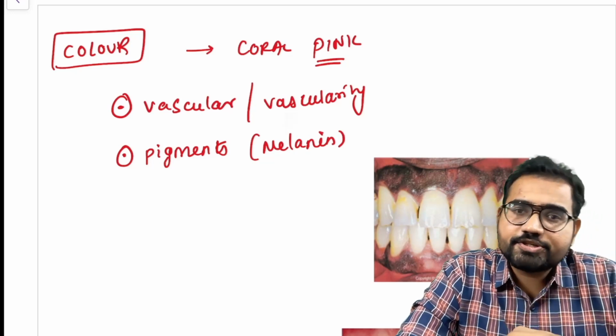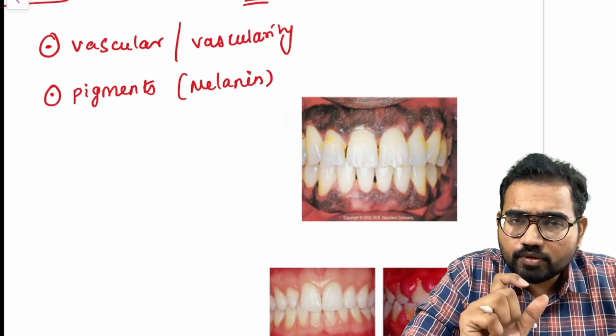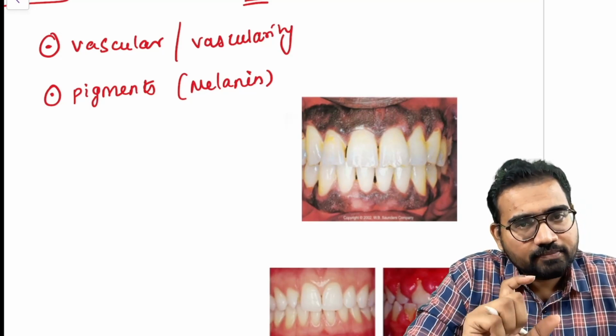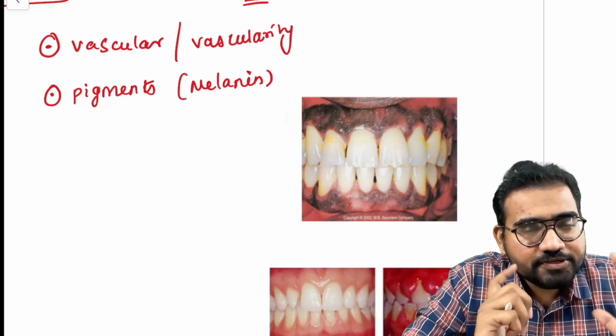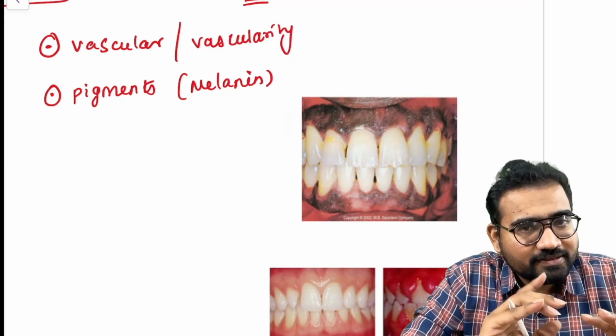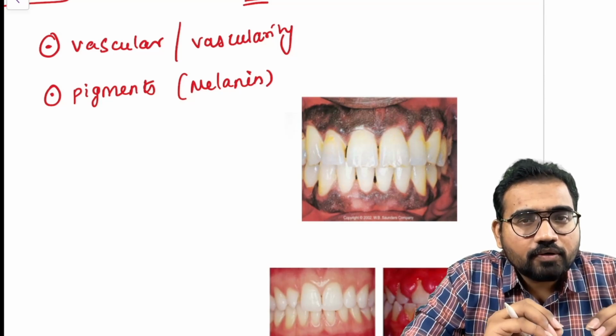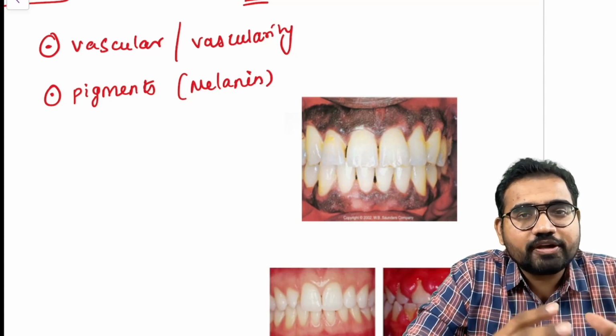Let us imagine a patient with periodontitis. What is itis? Inflammation. Periodontitis, inflammation of the periodontium. Cardinal signs of inflammation: bleeding, pain, swelling, heat. All of these are going to be there, right?